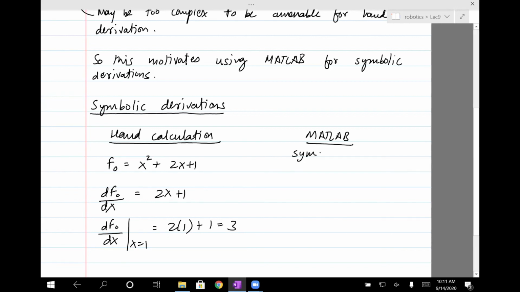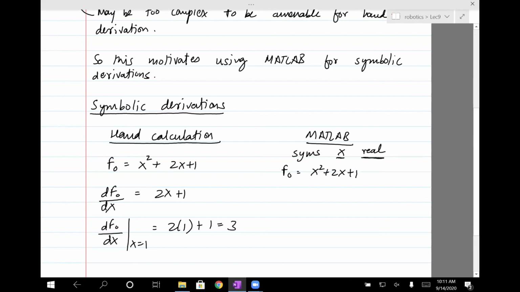So for example, I need to define x equals 1, x equals 2, otherwise Matlab will complain. But if you want to do symbolic derivation, then you first need to define that these variables are symbolic. So you'll define x to be symbolic, and then you need to put this term real. That's just because if you don't put it, it will treat x to be a complex number, and you start getting i's and j's in your equations, which you don't want. So this is how you start. Then you define f just like it is defined here, x squared plus 2x plus 1.